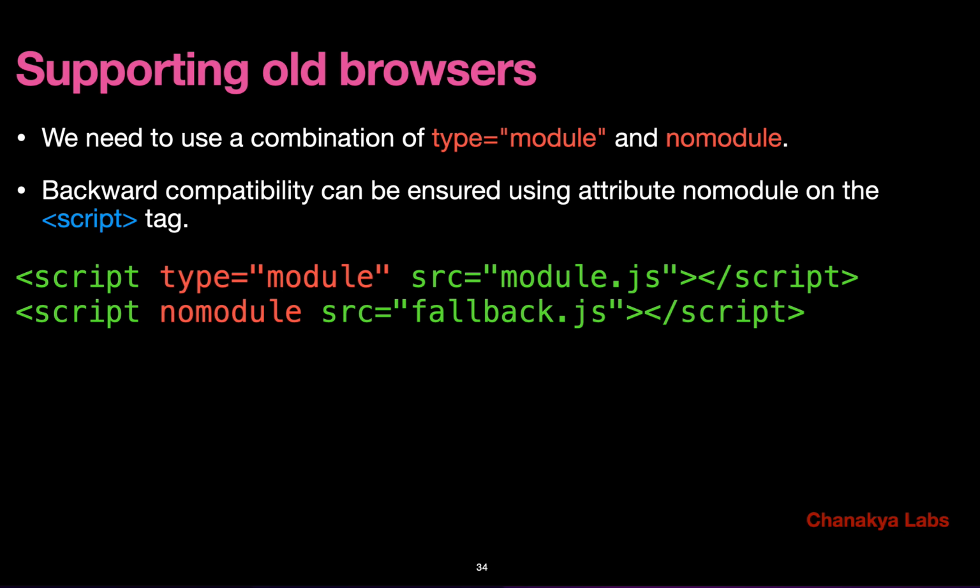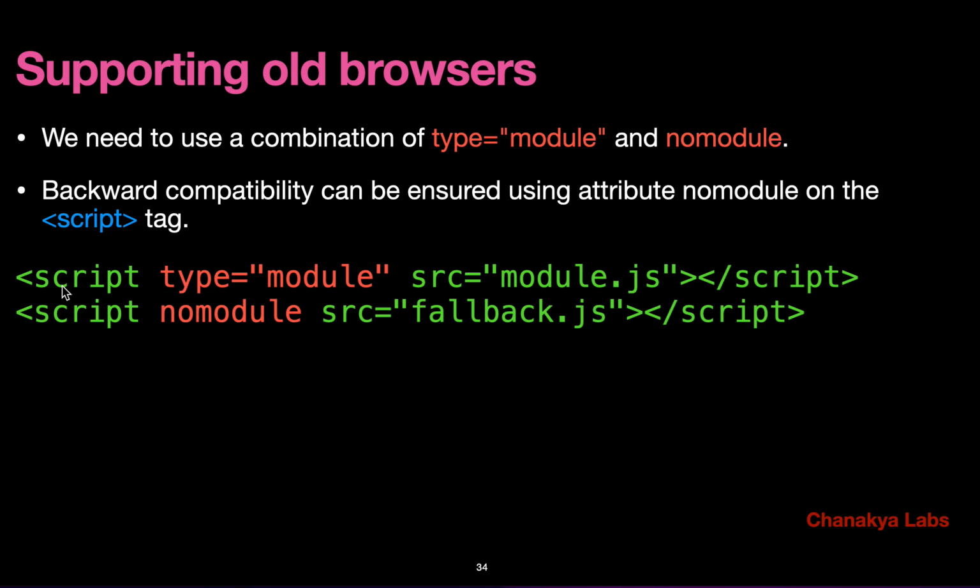So in that fashion, the second one will run with nomodule ignored, like a normal script. The second one will be executed like a normal script, because nomodule will be simply ignored. The first script will be ignored because type is something which is invalid, and that's why all the older browsers will ignore the first one.